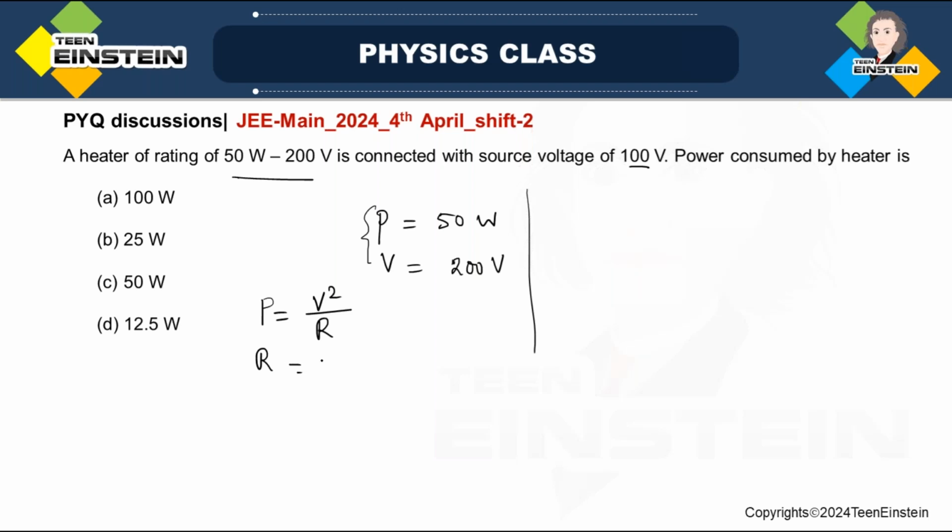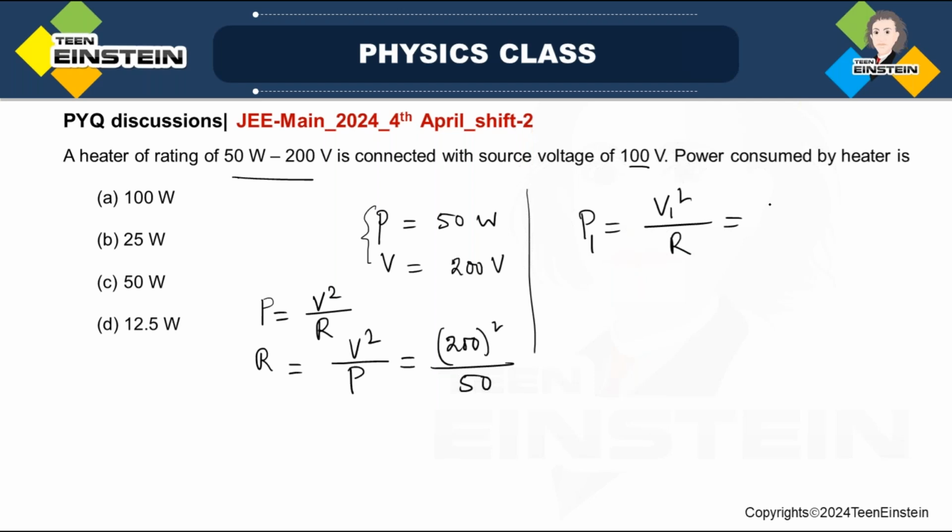So from here I can find out the resistance of the heating coil or the heater, so that we can find out the power using this formula. Okay, so this is 50 watt. Now same formula I'll be using to find out the power. Let us say that is P1, and this is V1 square by R.